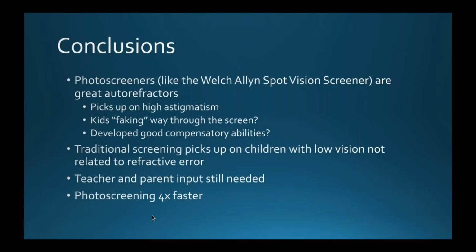So what are the conclusions of using a photo screener like the Welch Allyn Spot Vision Screener in a vision screening program for school-age children who theoretically could read an eye chart? The photo screeners are great autorefractors, meaning they are great at picking up needs for glasses. It picks up on high astigmatism.